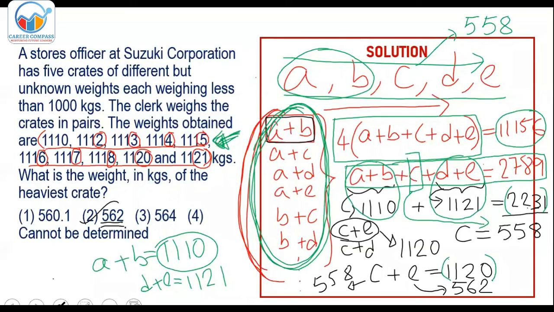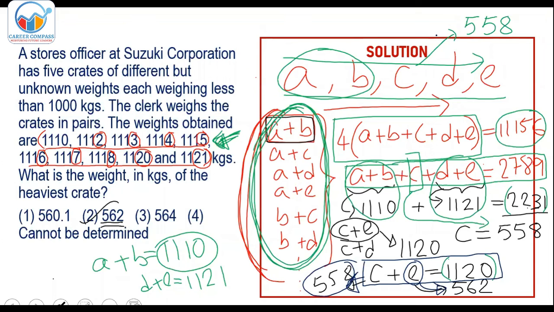The heaviest pair is D plus E, and the second heaviest pair is C plus E. Hence, C plus E must be equal to 1120, out of which you know that C is equal to 558, and hence you can find out by subtracting that E will be equal to 562. I hope that logic was clear.